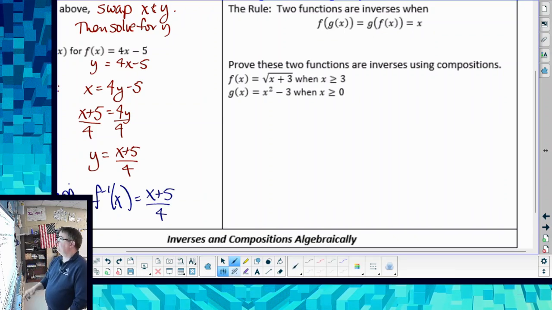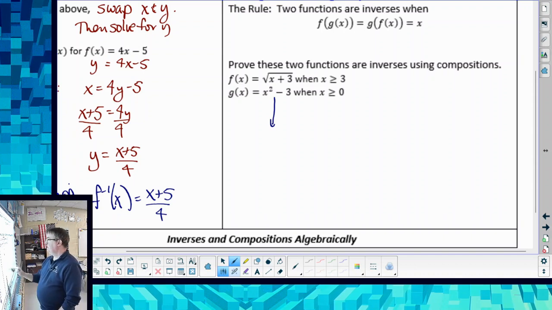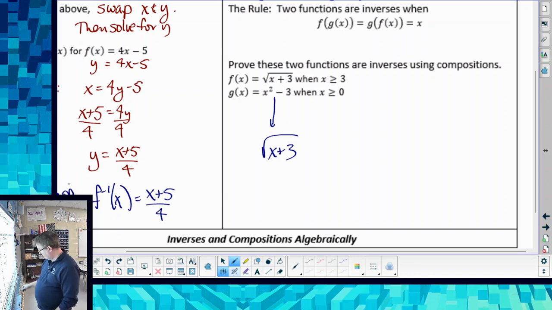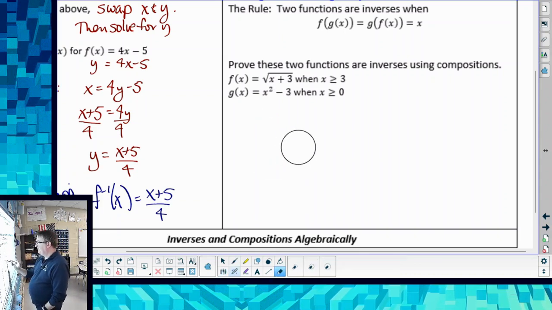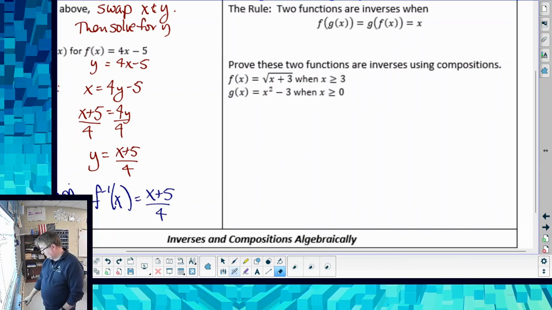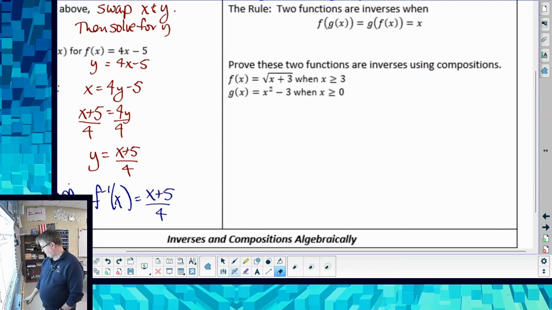Some people like to try to change this, don't do this, into the square root of x plus 3. That's finding an inverse, but by definition, you need to do it this way. So you're going to have to do two compositions.